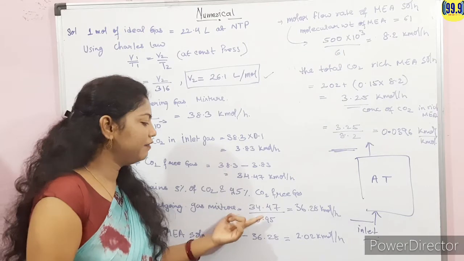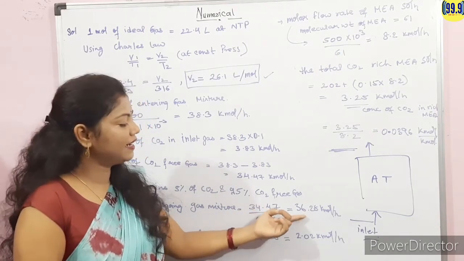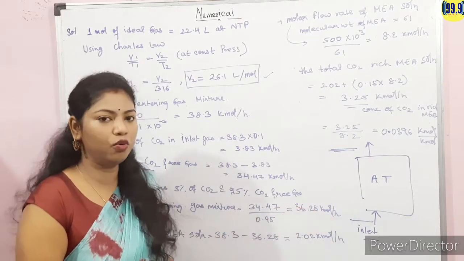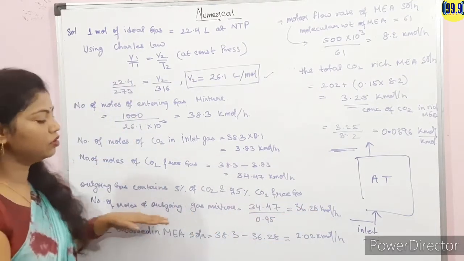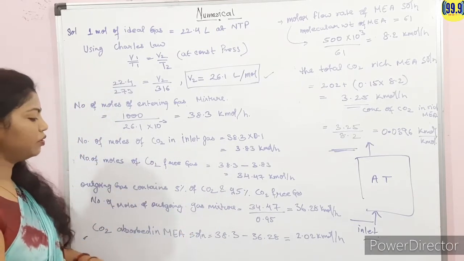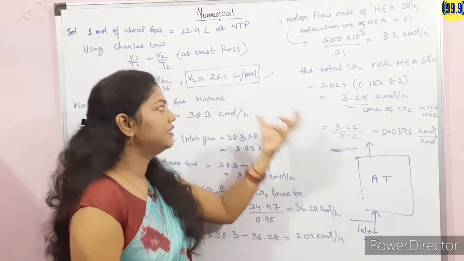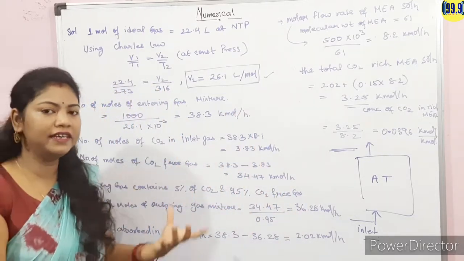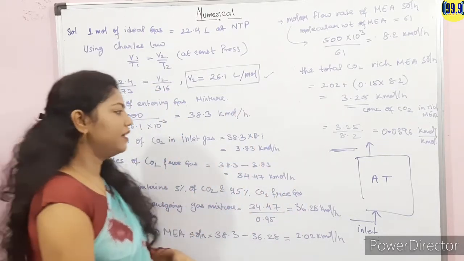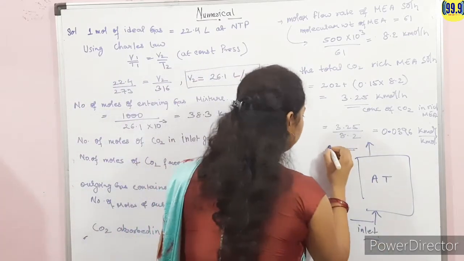By dividing 34.47 by 0.95, we get 36.28 kilomole, which is the number of moles of outgoing gas mixture. Okay, then how much amount of CO2 is absorbed in the solvent, that is MEA. So now we calculated the inlet conditions and the outlet conditions.